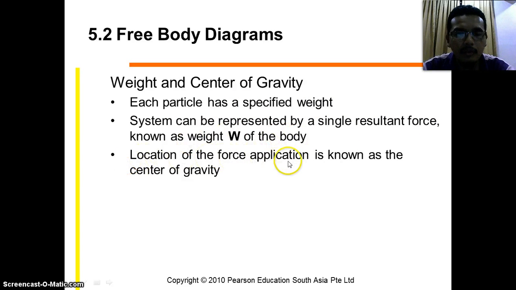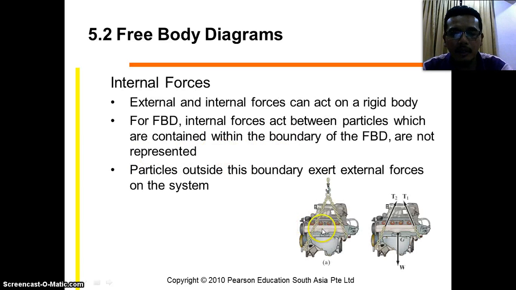The location of the force application is known as the center of gravity. Meaning that all the internal forces are now represented as one single resultant force, the weight, placed at the location of the center of gravity here. So we have the weight W representing all the internal forces. Then we have the two external forces, these two tension forces.